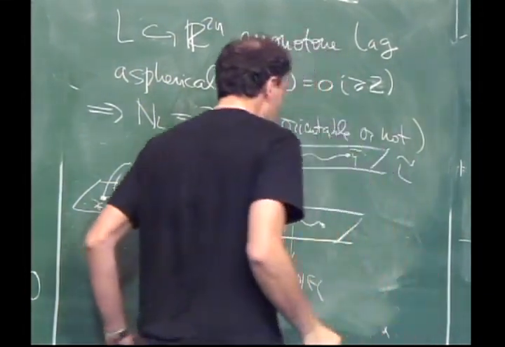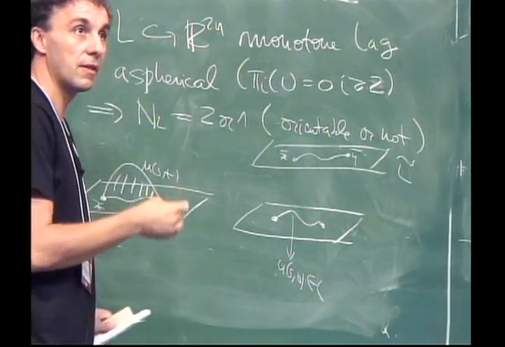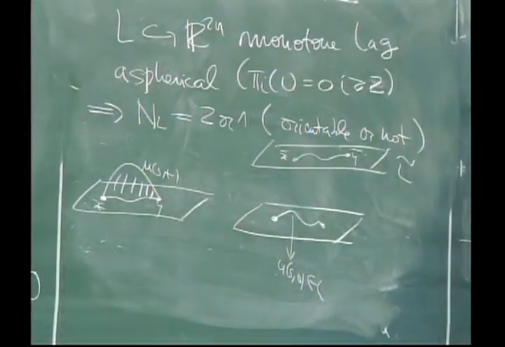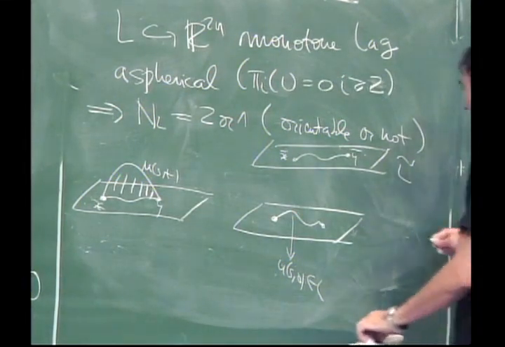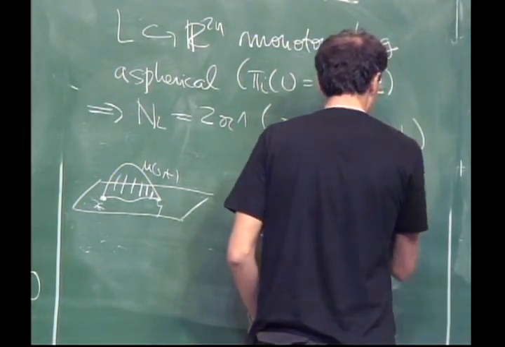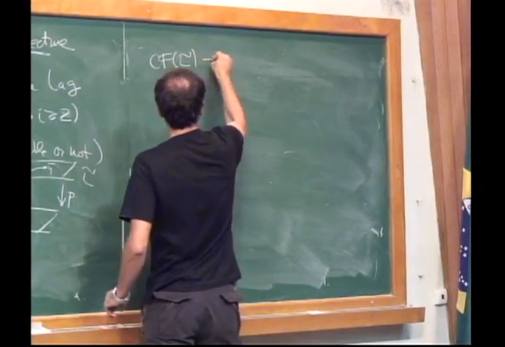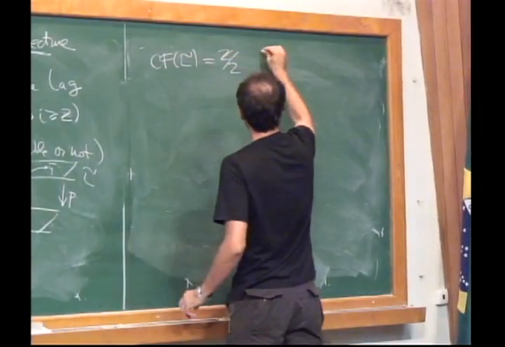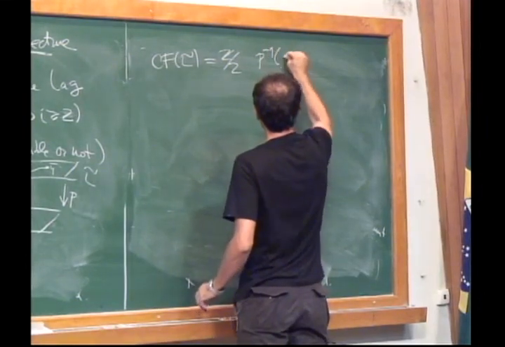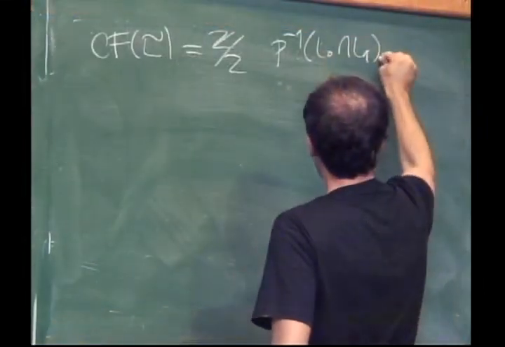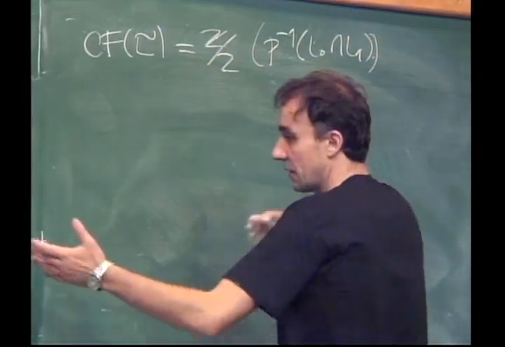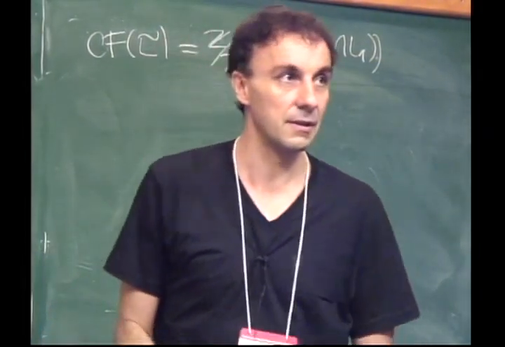Okay? And then with this path, you just lift those paths to the universal cover. And you define a complex on the universal cover, which is defined as follows. Actually, you can take any cover you like. So this is p. The complex on the universal cover is spanned by all the fibers of the intersection points. So it's an infinite dimensional complex.